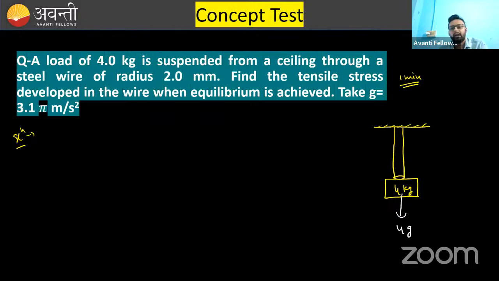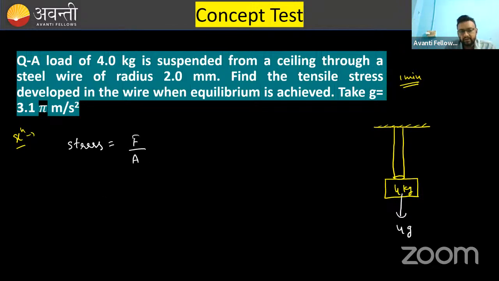And this force is felt by this steel wire. So the external force on this steel wire is 4g. In equilibrium, I have told you that external force is equal to restoring force. So what is stress? Stress is restoring force per unit area.